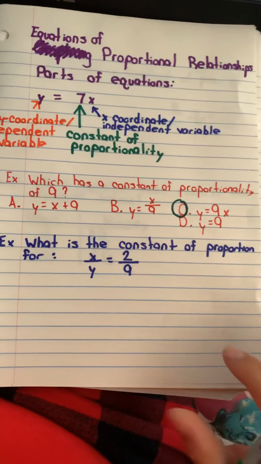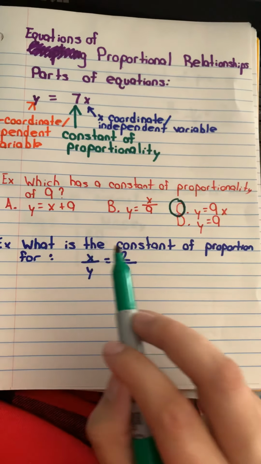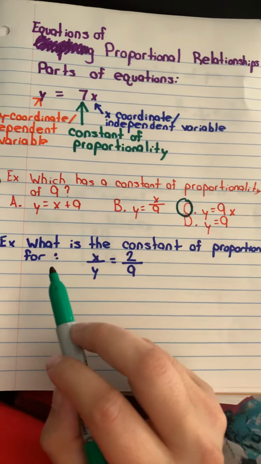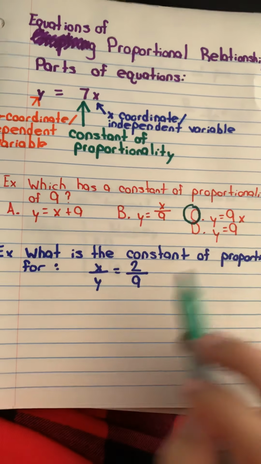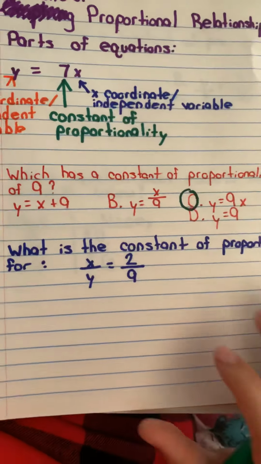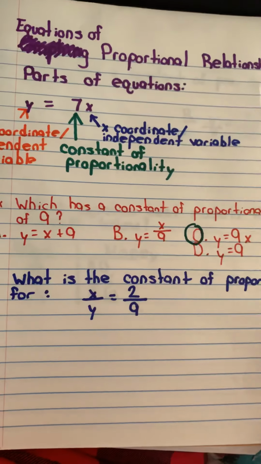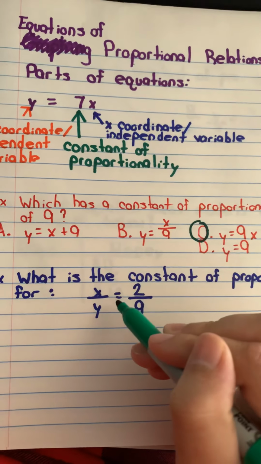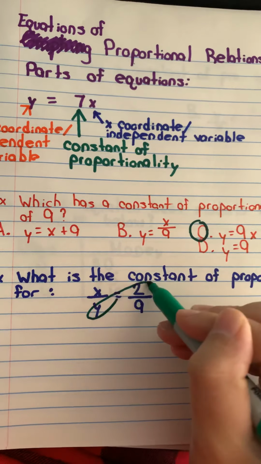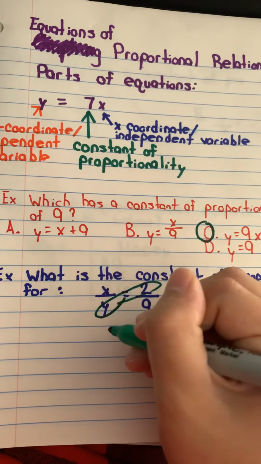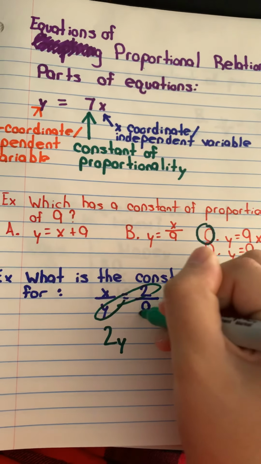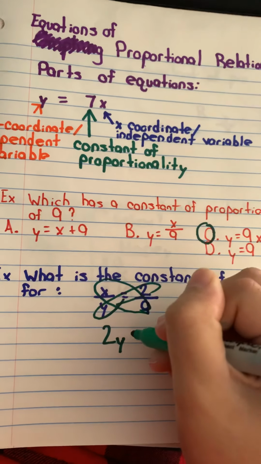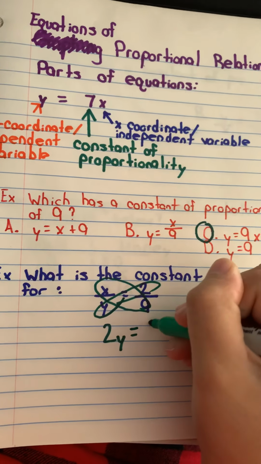Something a little harder, it says, what is the constant of proportionality for the equation x over y equals 2 over 9? How I like to solve this is using cross multiplication, also known as butterfly multiplication. So I'm going to say y times 2, which gets me 2y, and then 9 times x, which gives me 9x.